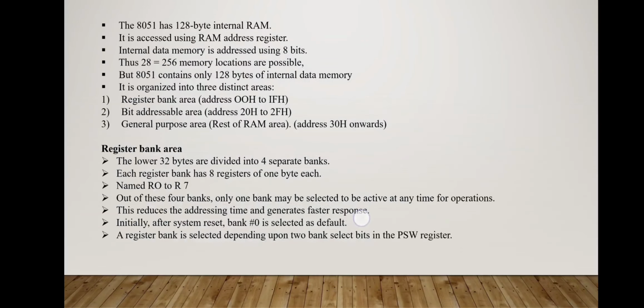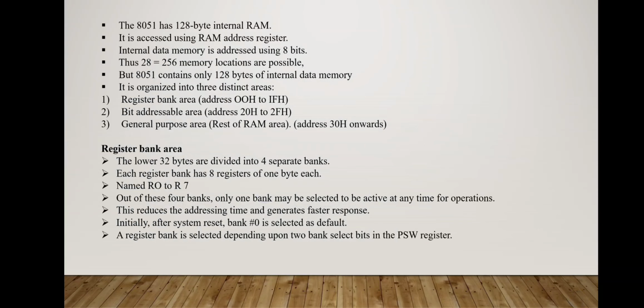We can study in detail each of the register banks. The 8051 has 128 bytes of RAM. It is addressed using 8 bits, and it contains 128 bytes of internal data memory.